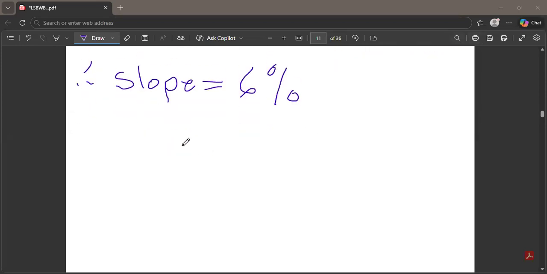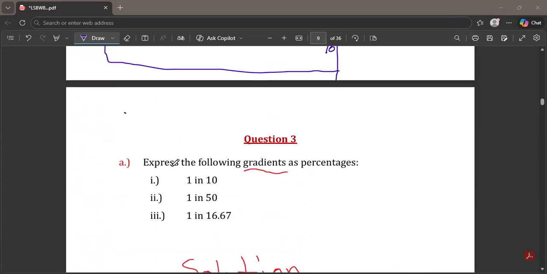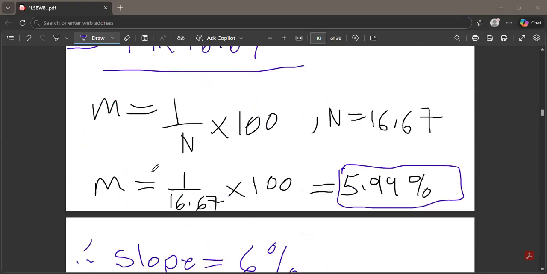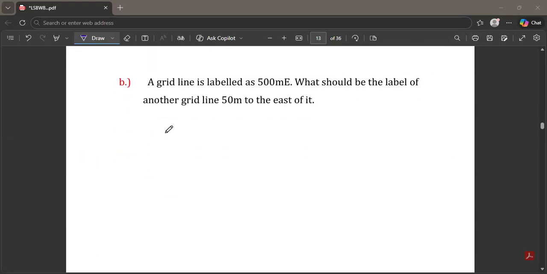Yeah, so let's quickly proceed with question 3B. What does it say? A grid line is labeled 500-meter east.